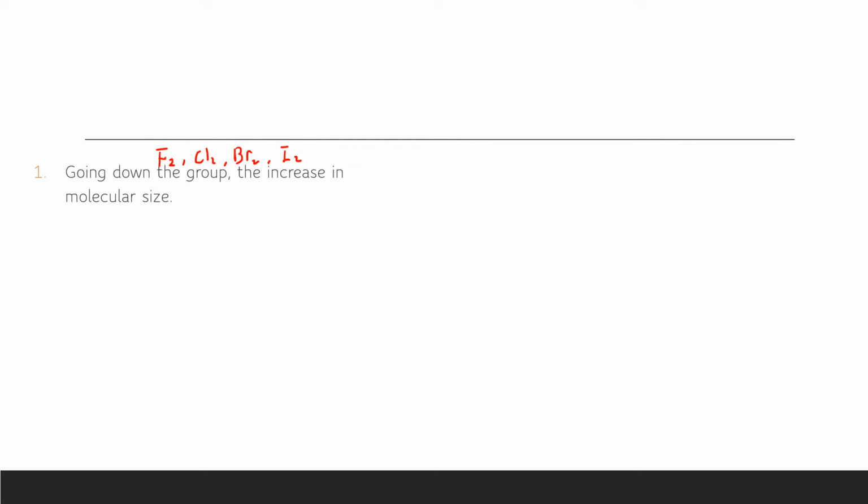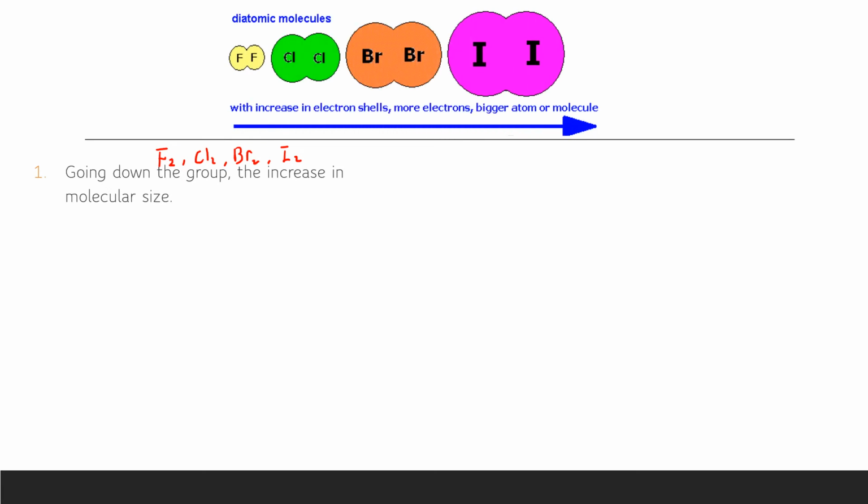So we are referring to the force of attraction between the particles. The particles here refer to the molecules. As you will see here, chlorine, bromine, and iodine are all diatomic molecules.